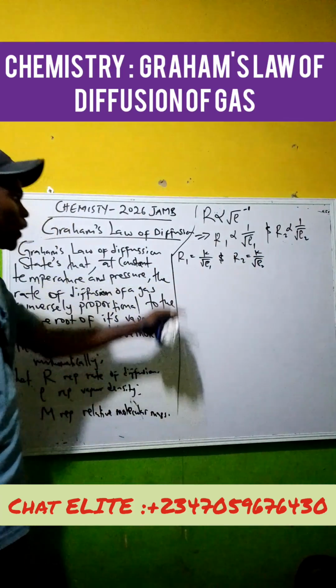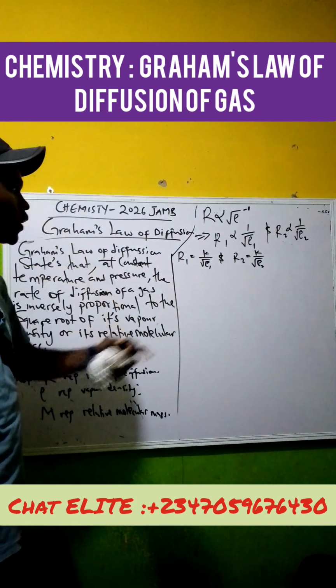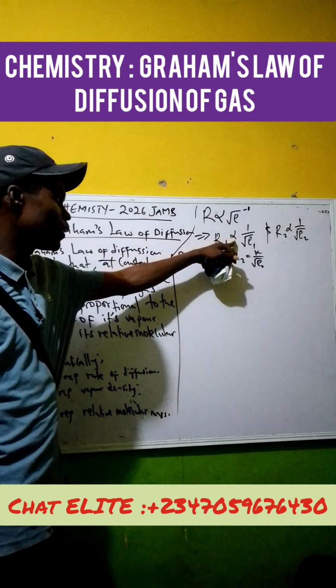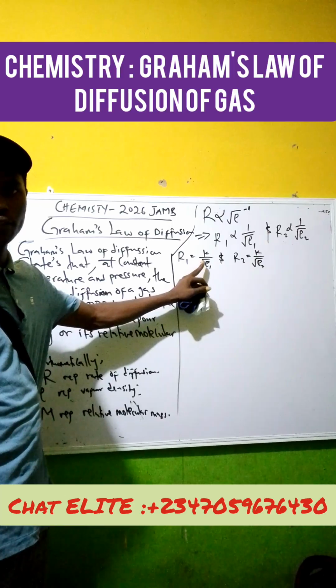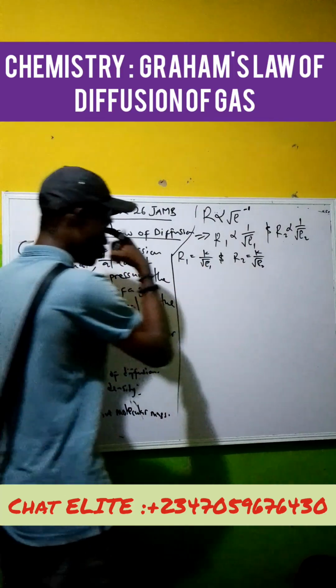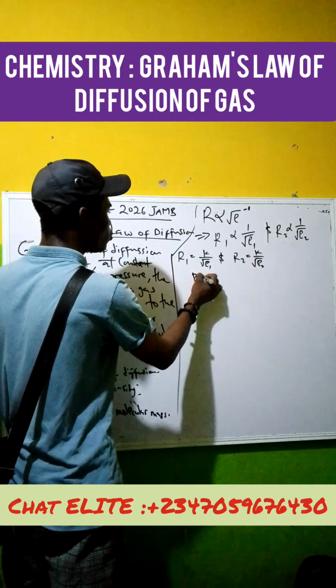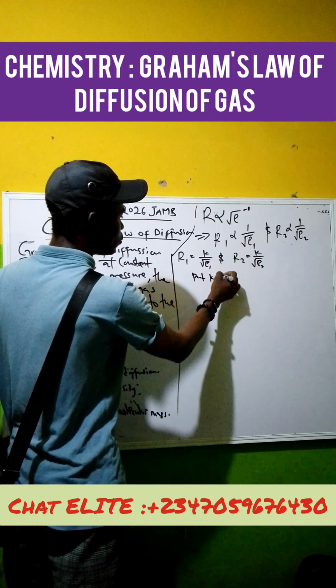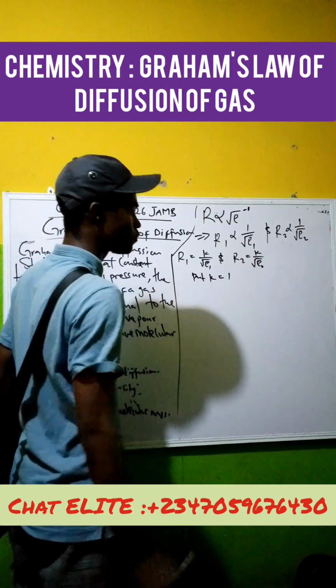I'm taking you back to what you call variation. When you are solving variation, if you want to remove this proportionality sign, it's going to become this. No issues. Now at this junction, put K equals 1.